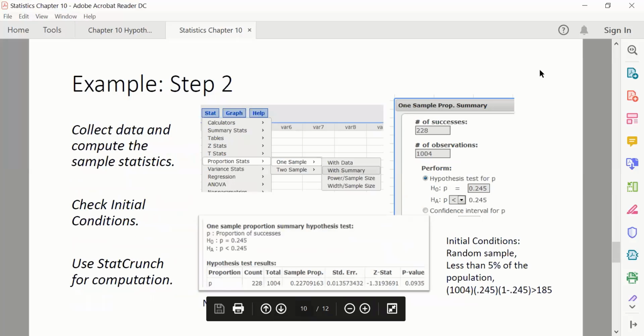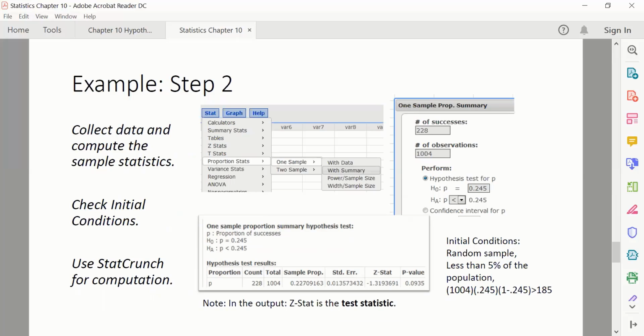So into StatCrunch we go. And just like when we were doing the confidence interval, we're going to use proportion stats. So that's going to seem really familiar. Proportion stats, one sample with summary. Again, it opens up where we have to put in our successes and our observations, but this part is new, where we have to click on hypothesis test and put in our hypothesis test. p is 0.245 and p less than 0.245.